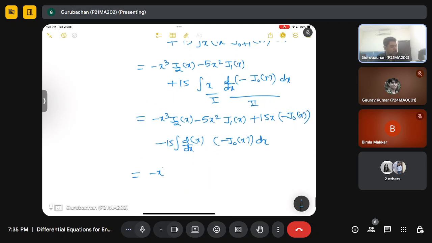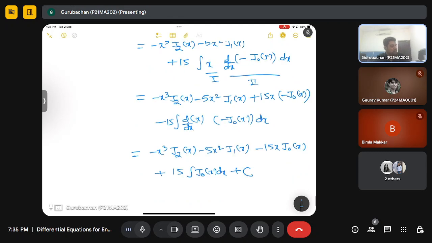And minus x cube J2(x) minus 5x square J1(x) minus 15x J0(x) and with positive sign 15 J0(x) dx. Since it's an indefinite integral, there will be some constant addition.